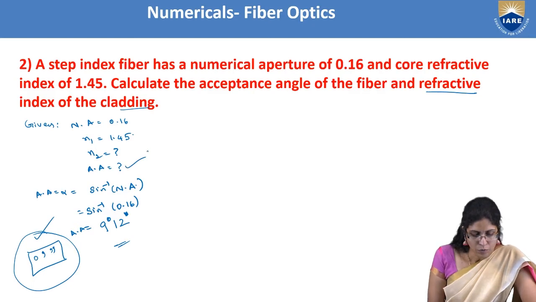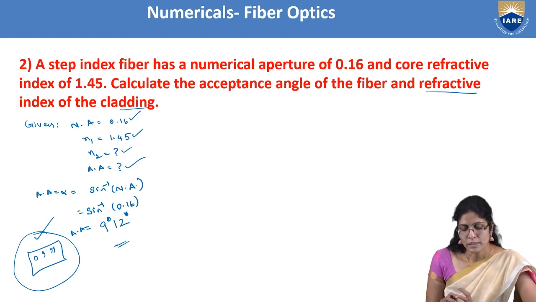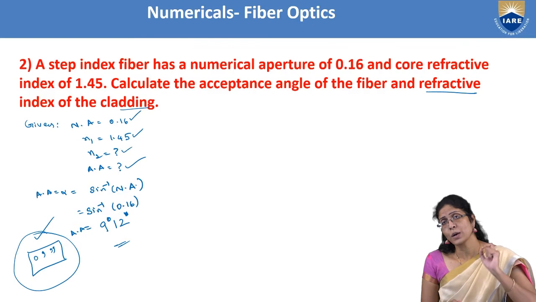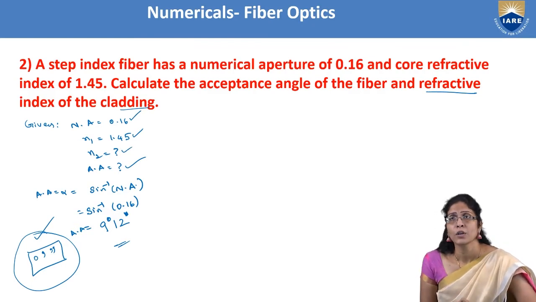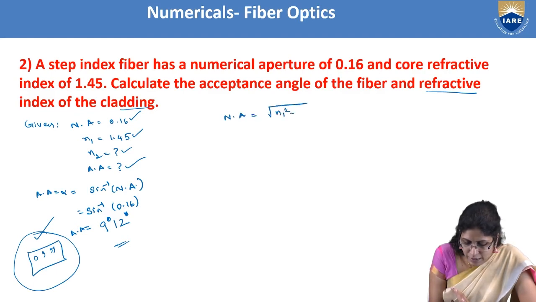So now you have the N1 and you have the numerical aperture. It's very easy to find out N2. More than that, one thing you have to observe here is you're not given any medium. We know numerical aperture is square root of N1 square minus N2 square by N0.